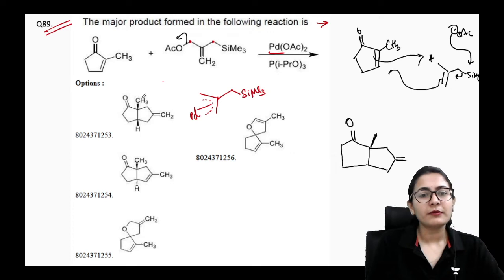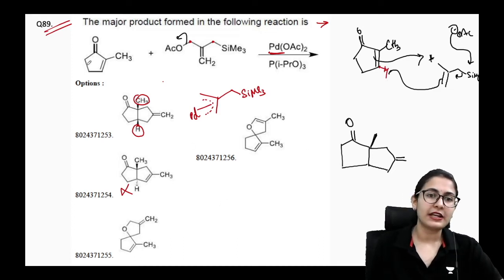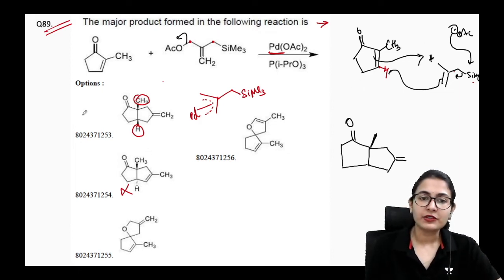So both the methyl and the hydrogen will be on the same side. They cannot be trans, guys, because here also they were on the same side. Okay, very beautiful reaction. First of all, pi allyl complex formation, the acetate attacking over silicon to leave the electron density, and you are going to just do the cycloaddition to give you this molecule, option number A.